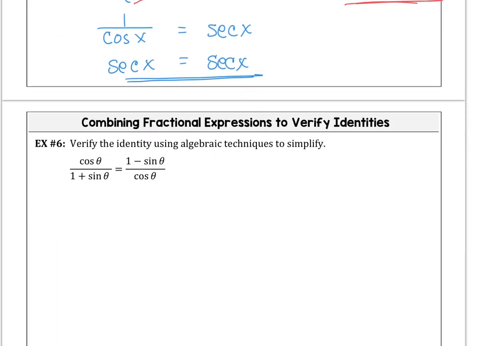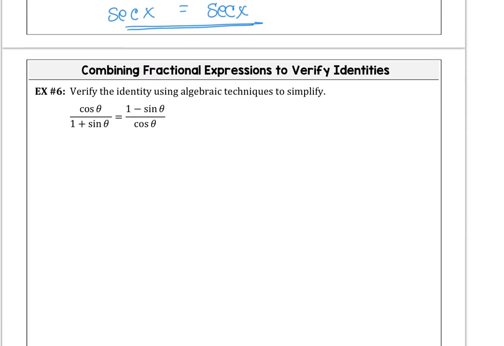And then our last example, verify and identify the identity using algebraic techniques to simplify. I want to multiply the left side by 1 minus sine on the top and the bottom.